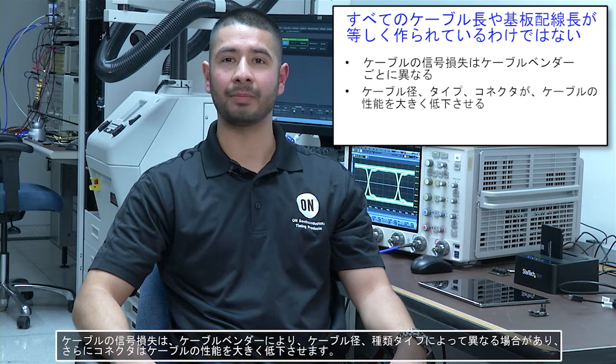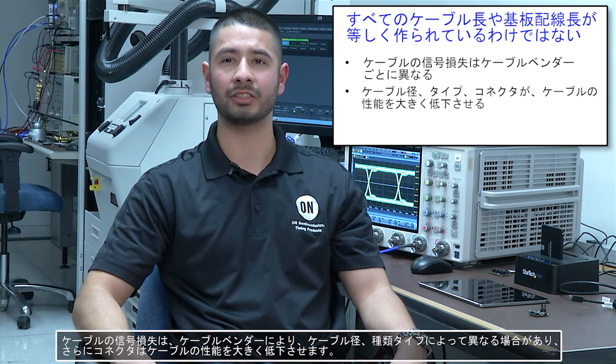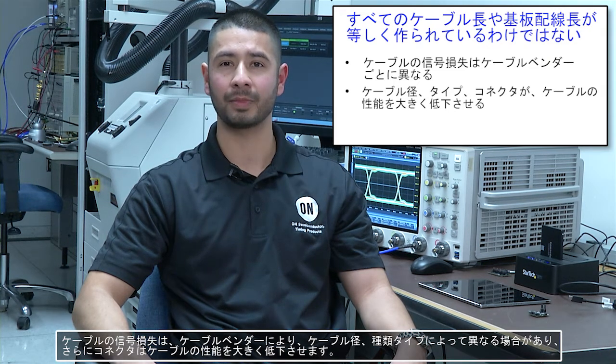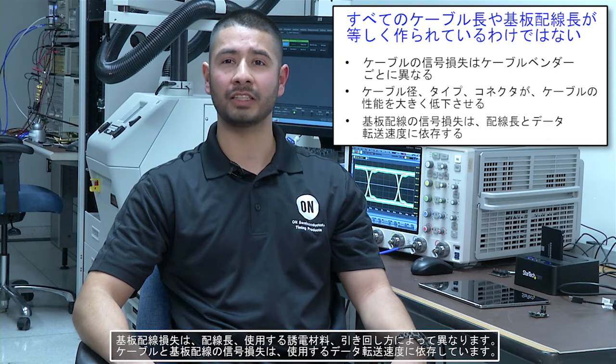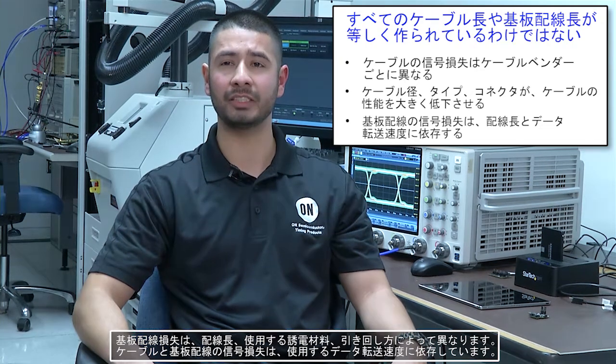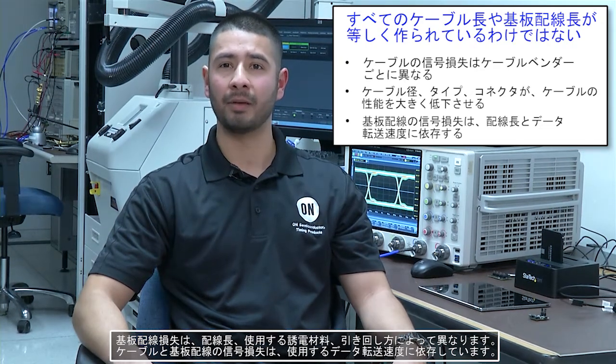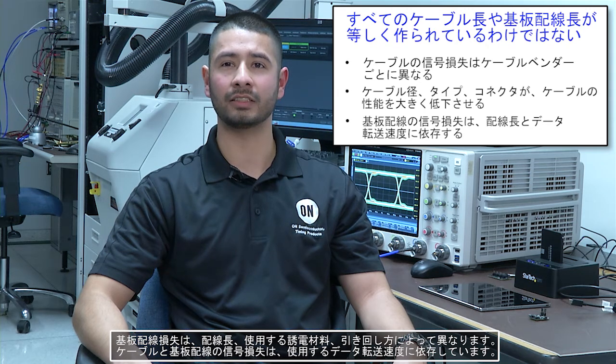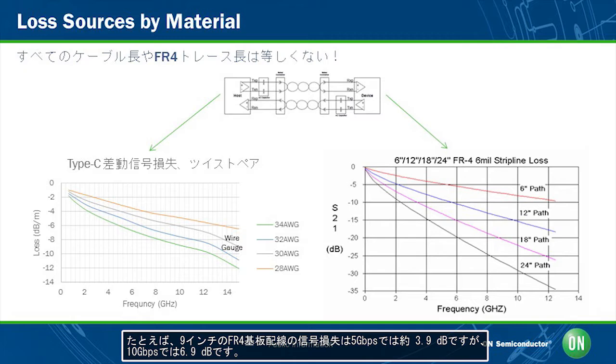Cable gauge, type, and connectors are huge contributors to the loss performance of the cable. FR4 insertion loss varies due to the trace length, the dielectrics being used, and the routing. But both cable and FR4 losses are dependent on the data rate being used. For example, 9 inches of FR4 has roughly 3.9 dB worth of loss at 5 gigabit per second, but 6.9 dB at 10 gigabit per second.